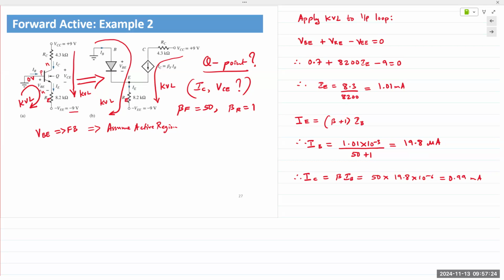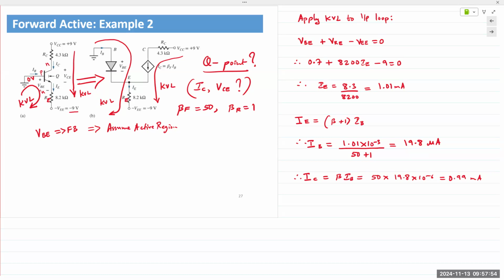The ratio of IC to IE is alpha, which, as I stated just a few minutes ago, is about 0.99, very close to unity. And then IB is by far the smallest value, and it's typically in microamps. At the most, you might get 10 raised to minus 5, maybe some worst cases 10 raised to minus 4. But if it's in the milliamp range, then there's some error in your calculation.